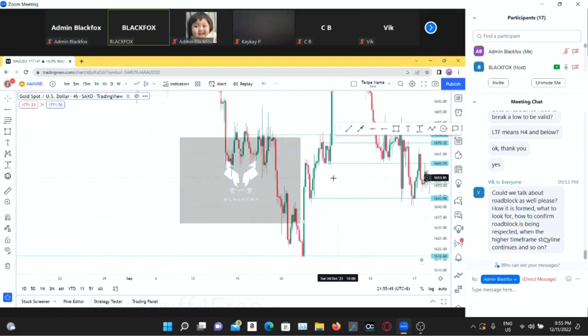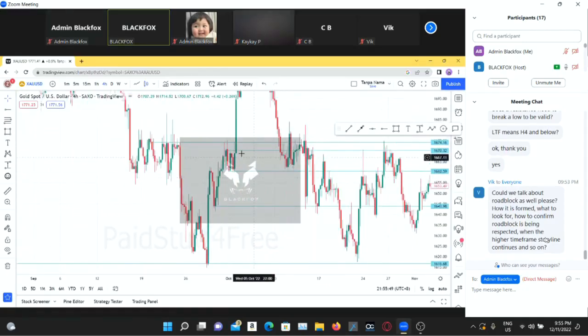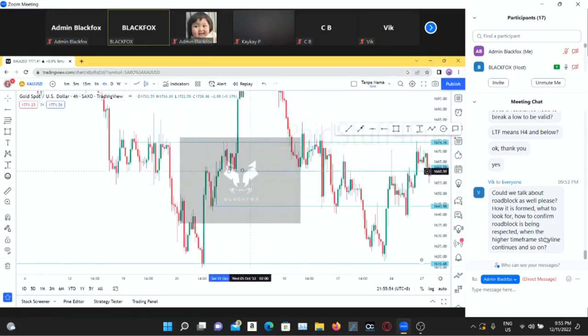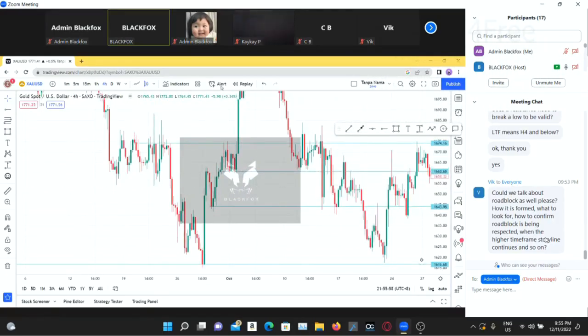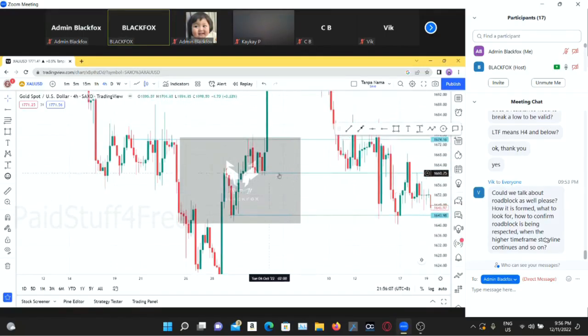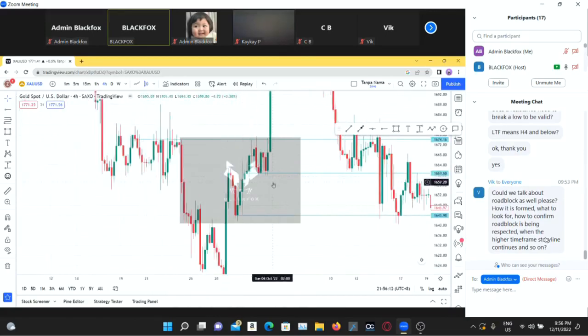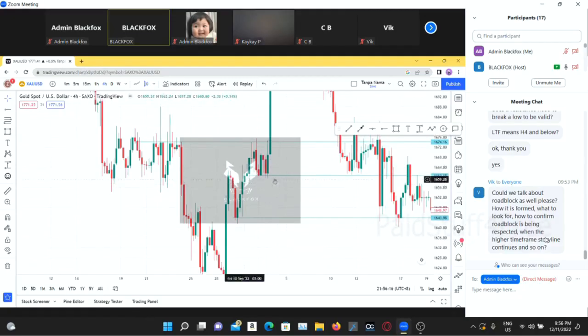So I just take this confirmation. Just understand the confirmation for respect. If you want to know the price respects the roadblock, just wait for the candle to close and reject, just like this H4.